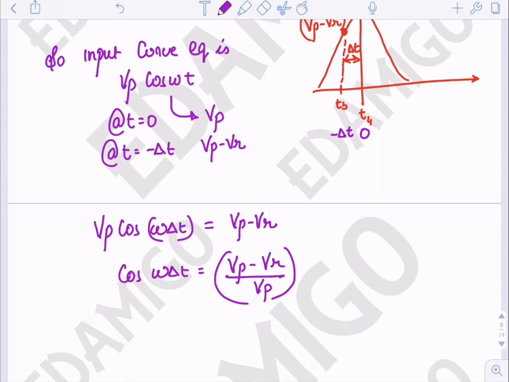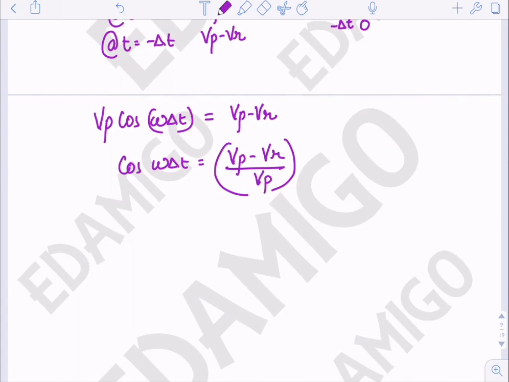Now we know that cos theta is equal to 1 minus 1 upon 2 theta square, plus there will be many terms in this series, but all the higher order terms will be neglected when theta is very small.